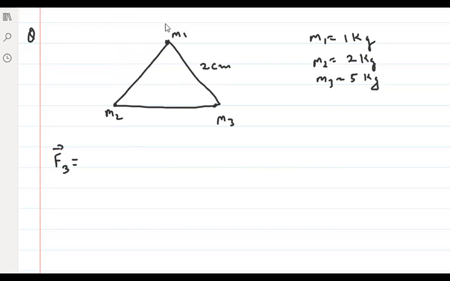So let us make this as a coordinate system. Right, this as a coordinate system.